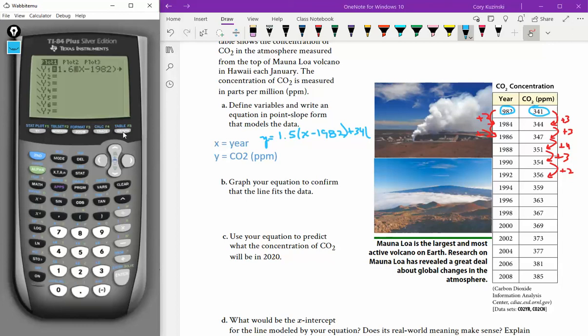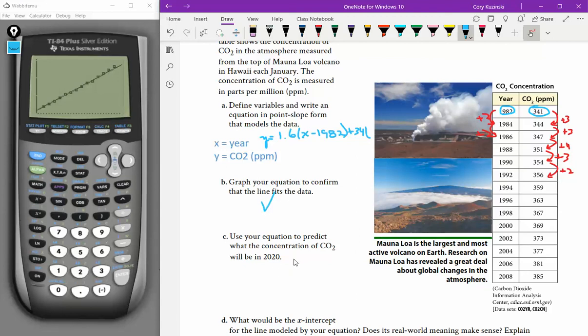Let's try 1.6, see if that works. I like that a little bit better. So let's get rid of the 1.5 and make it 1.6. There we go. Graph your equation, make sure it fits the line. There you go, I updated it.